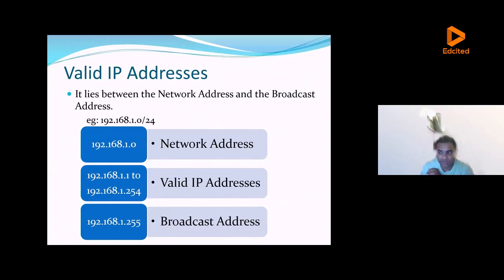So 1.0 to 1.255 we have, but we cannot use 1.0 and 1.255. If you need to assign IPs from the beginning, you start with 1.1. Want to see? Let me have a look.